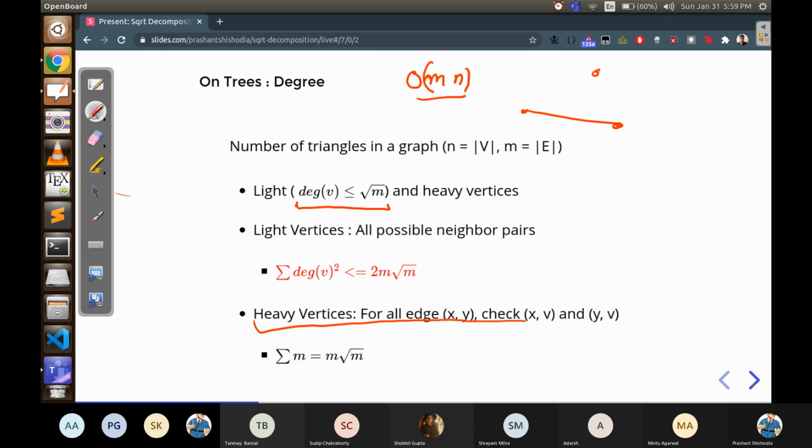If the vertex is heavy, then I'll do a different brute force, because there are at most O(root m) heavy vertices, since the sum of degrees is 2m.